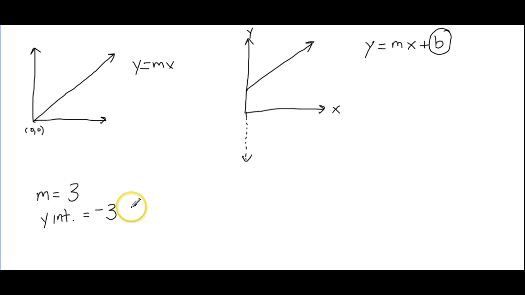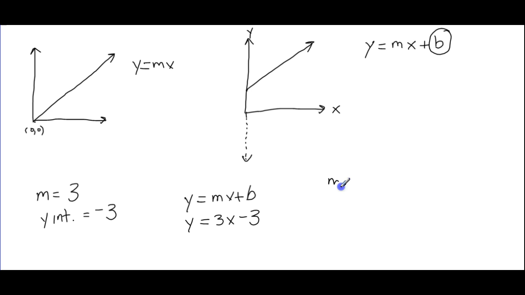How would I write this down in this form of the equation? Okay, this is called slope y-intercept form of a line. Well, the formula we know is y equals mx plus b. So all I need to do is substitute these values in here, and I can say that using a slope of 3 and a y-intercept of negative 3, y is equal to 3x minus 3.